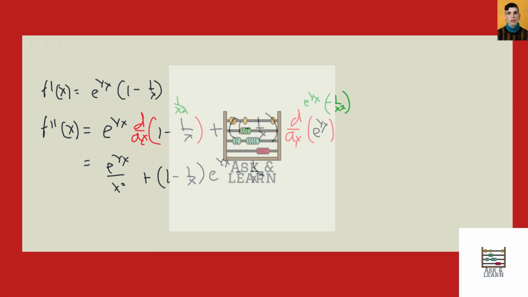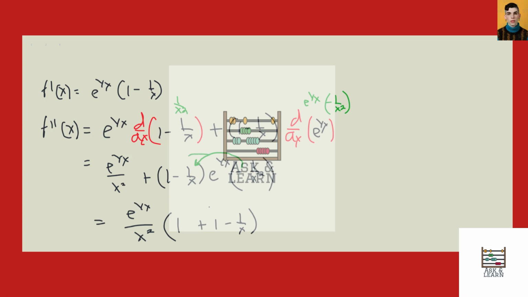And now let's go ahead and factor out this e to the 1 over x. Oh, this should be multiplied, as well as the 1 over x squared. So it should be e to the 1 over x over x squared. So the first part will become 1, and then plus 1 minus 1 over x. I forgot to distribute this negative right here.